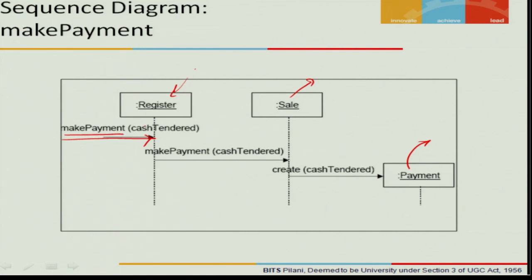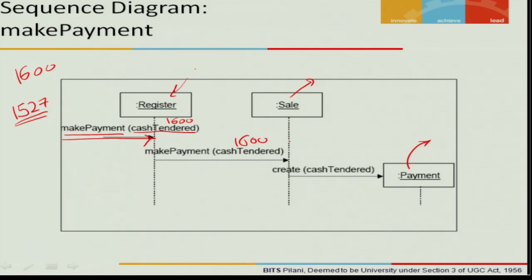So make payment and cash tendered. Maybe the total bill is like 1527 rupees. Customer is giving you 600 rupees. So that 600 will be sent as a parameter to make payment. The same make payment with the same value will be sent to sale.